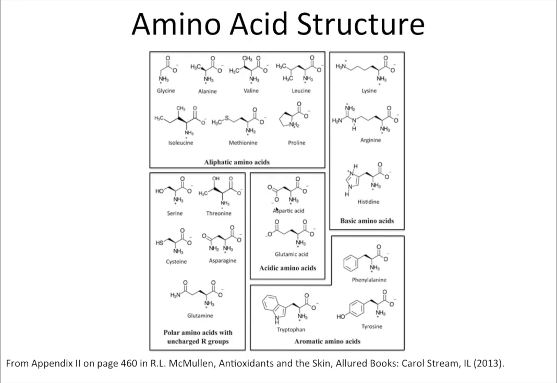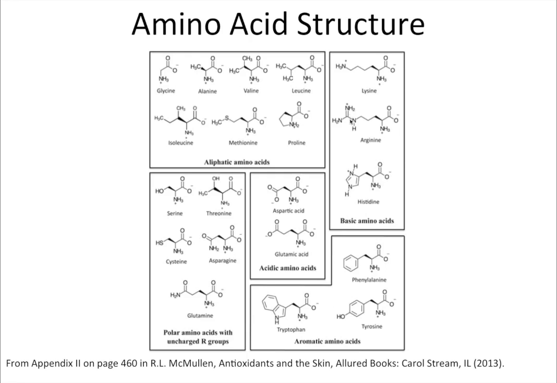And again, this depends on the pH of the medium that you're working in. We also have the basic amino acids. These can have a positive charge. And again, you can see that we have lysine, arginine, histidine. These all have these amine functionalities at the end.